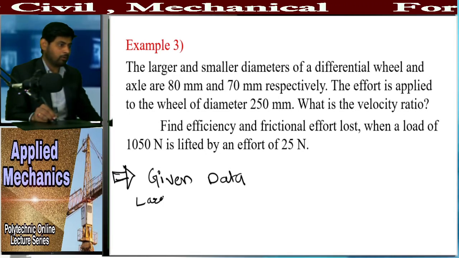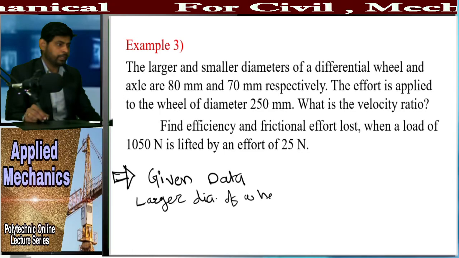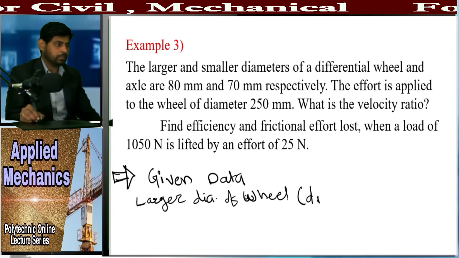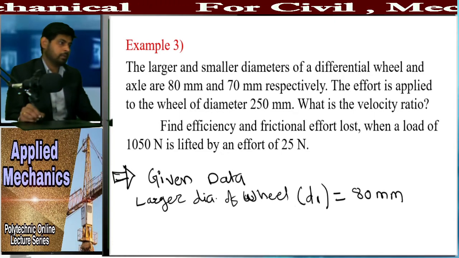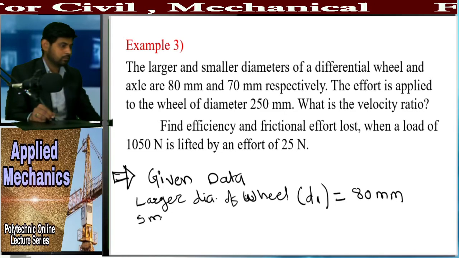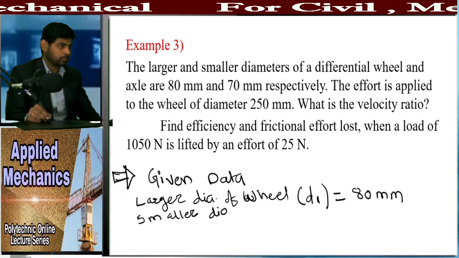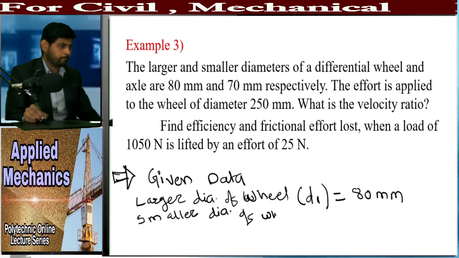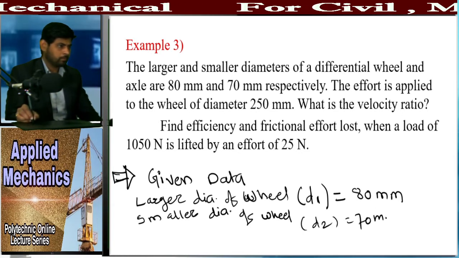The larger diameter of the wheel is d1 equal to 80 mm, and the smaller diameter of the wheel is d2 equal to 70 mm respectively.